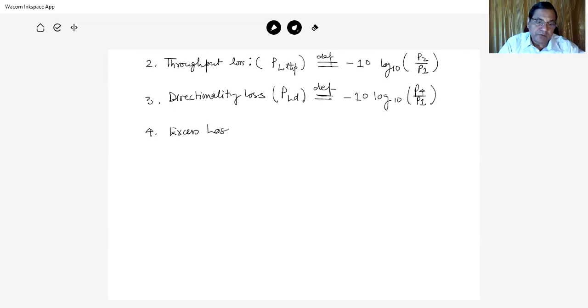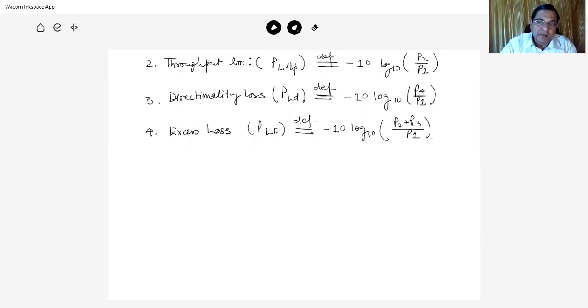And the fourth one is excess loss. It is PLE, excess, and defined as minus 10 log base 10 of P2 plus P3 upon P1.